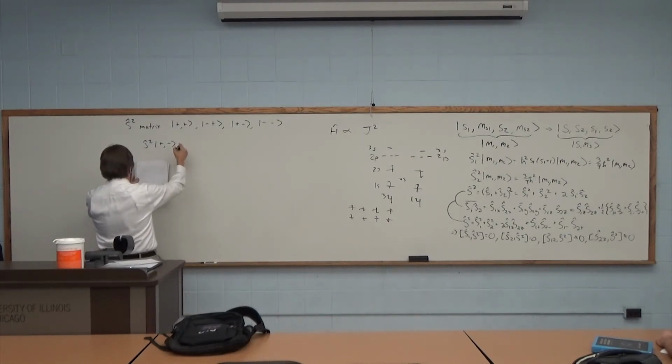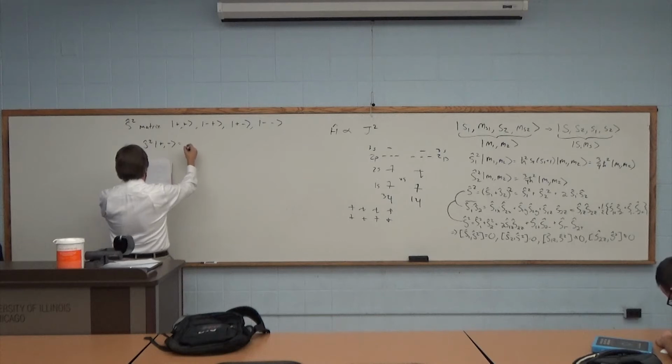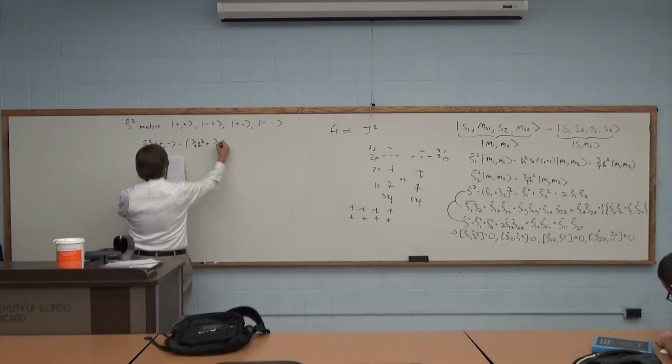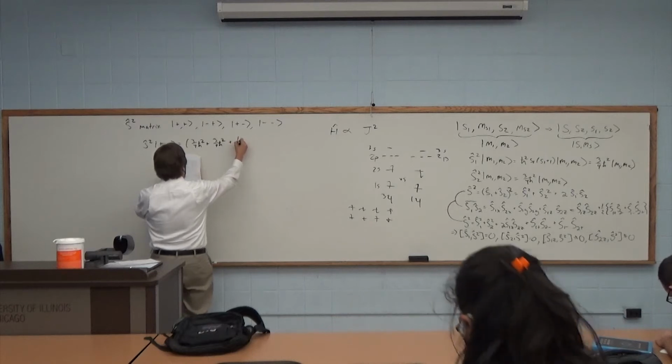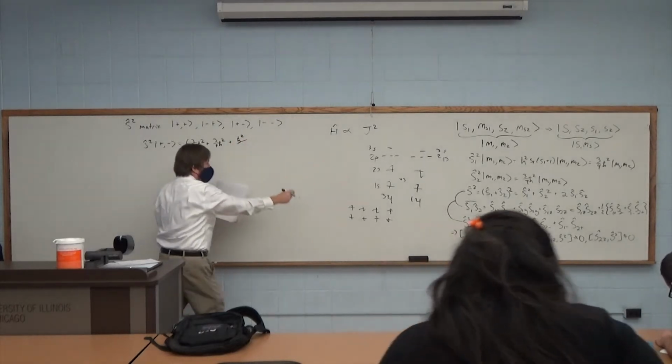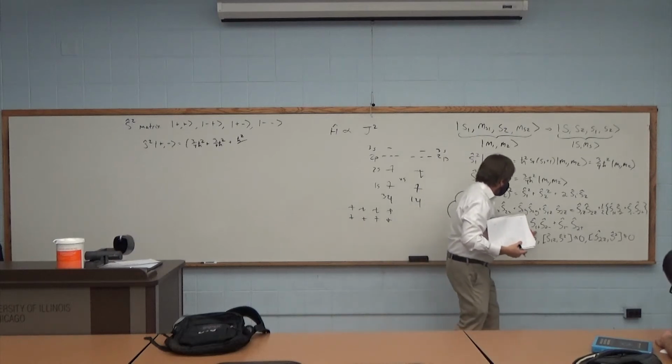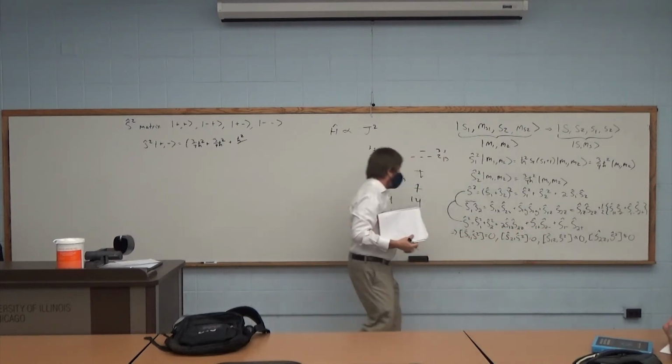And so what that is, now, as I mentioned last time, this is actually kind of freakishly difficult. I mean, you can see it right here, right? And I told you what S plus and S minus are.